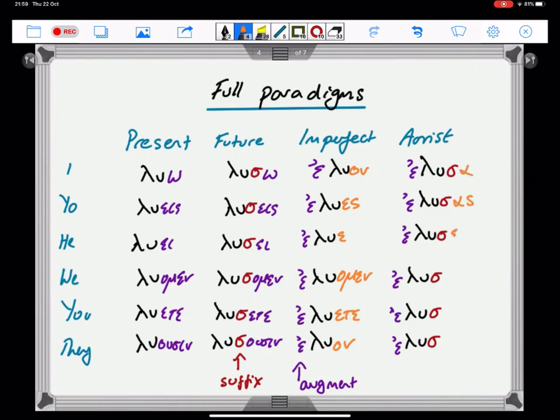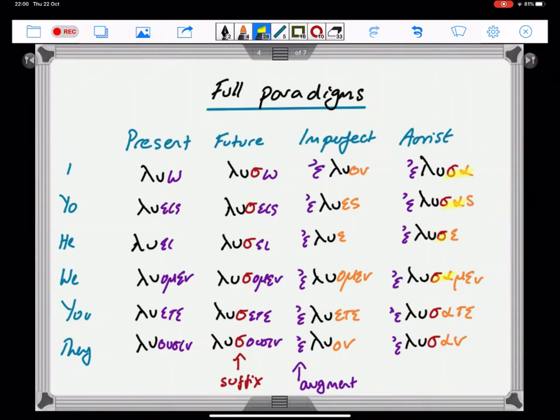The aorist, elusa, elusas, eluse, elusamen, elusate, elusan. This time the endings are very similar again, but this time they've got an alpha in them all the way through. So you might actually say that sigma alpha is your marker of aorist rather than just sigma.